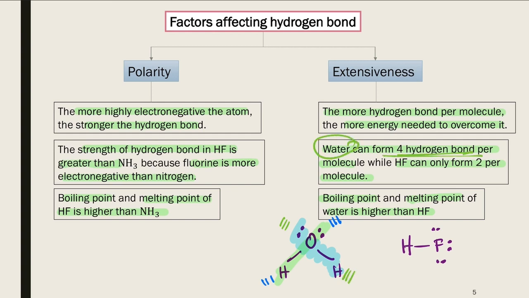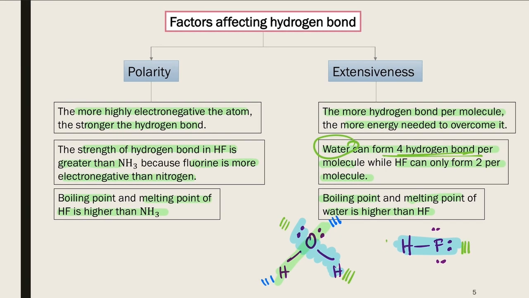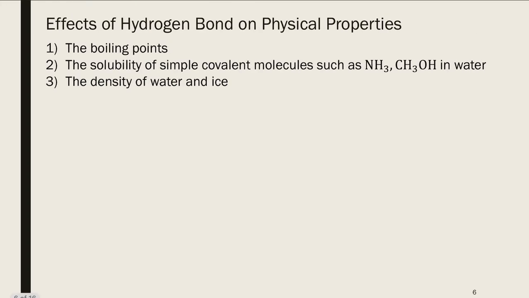So total of hydrogen bond per water molecule is 4. Tapi untuk HF, dia cuma boleh form 2 hydrogen bond per molecule. Itu sebabnya boiling point and melting point of water is higher than HF.